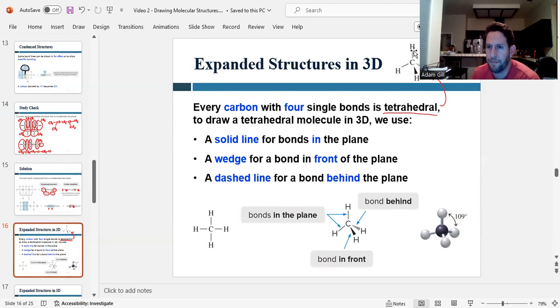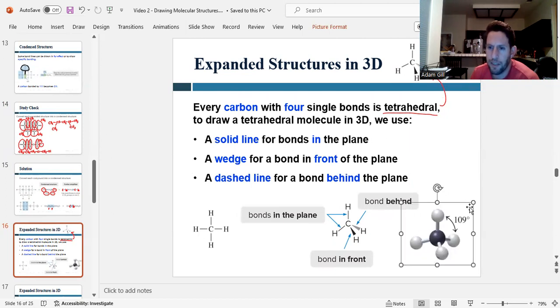Those are flat. We use a wedge to show something that's coming towards us, and we'll use the dashed line to emphasize something that's coming away from us. So this wedge is coming towards you, the dash is moving away from you, and this is representing this molecule in 3 dimensions.